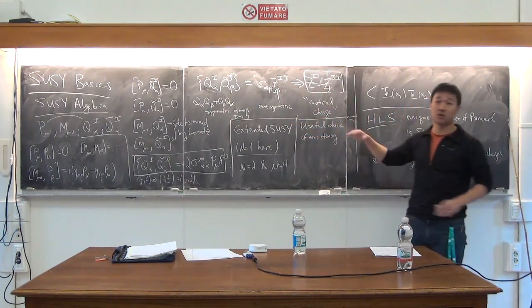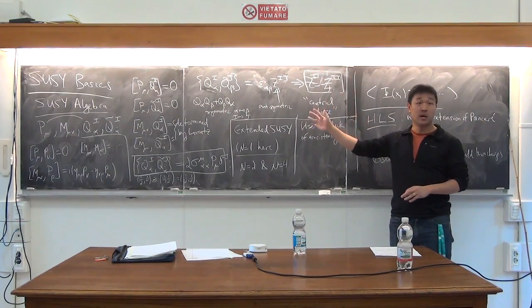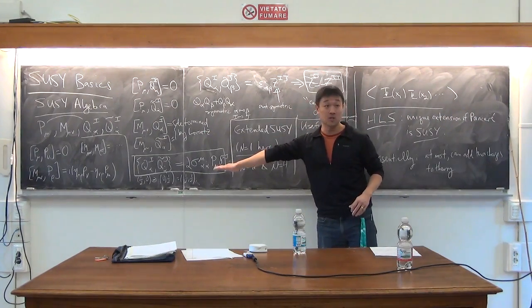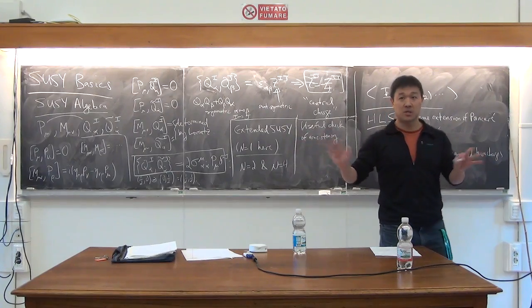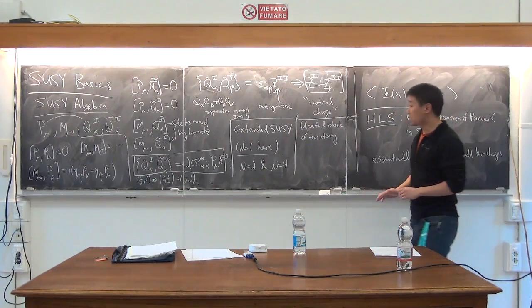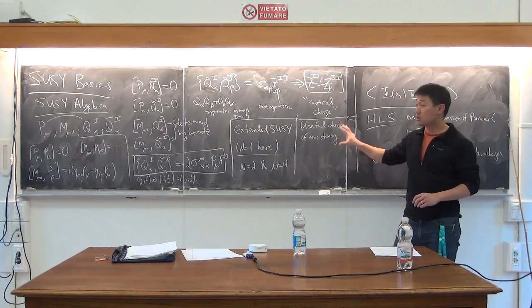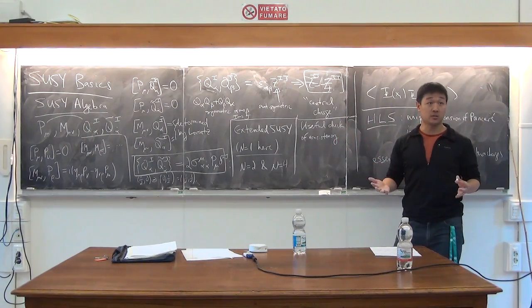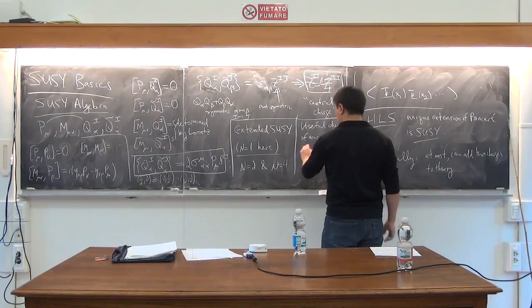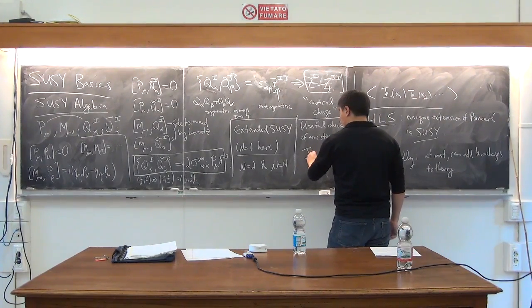But imagine you were discovering the SUSY algebra for the first time, and you've gotten it by these general means. You want to make sure you haven't made a mistake in your logic. And so one useful consistency check you would do is to check what are called the Jacobi identities.